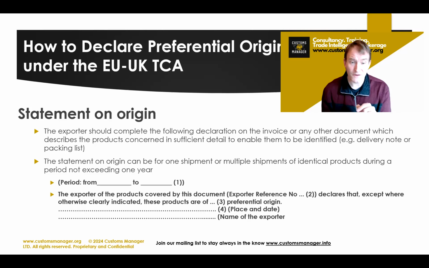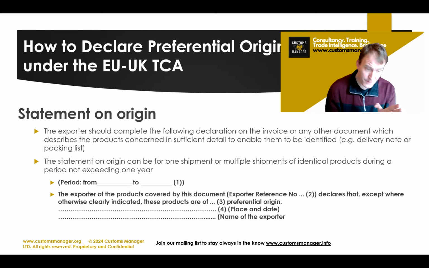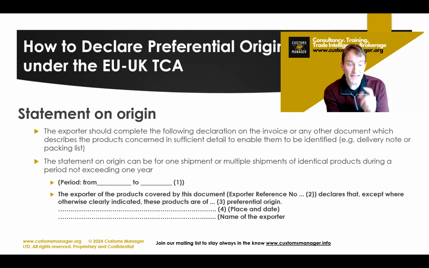You can use the statement on origin for one shipment or for multiple shipments of identical products during a period not exceeding 1 year. So there is the part where you put the period in, from and to. Then the statement says the exporter of these products covered by this document, and then goes in the REX number if you're EU, or the EORI number if you're UK, if needed, declares that, except where otherwise clearly indicated, which means in the above part of the invoice or the packing list or whatever document you use, you would declare something like, this product does not have preferential origin.